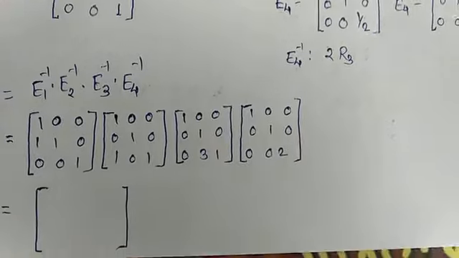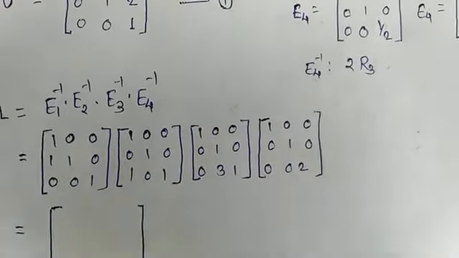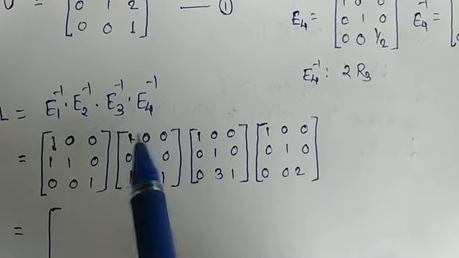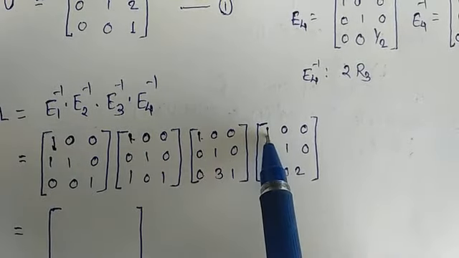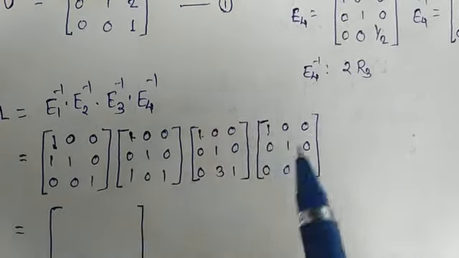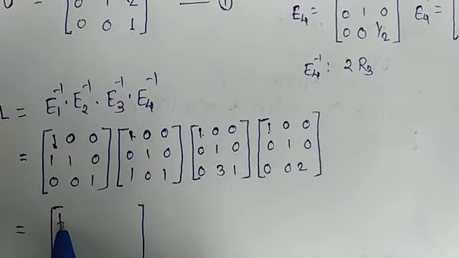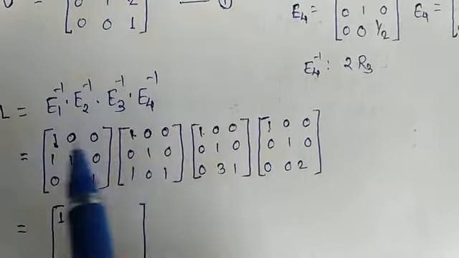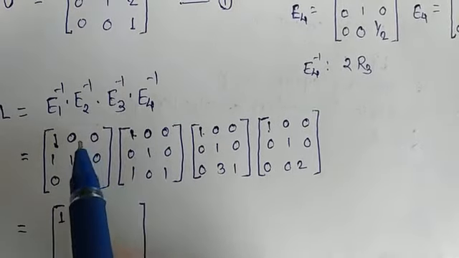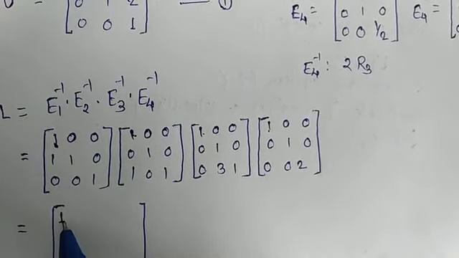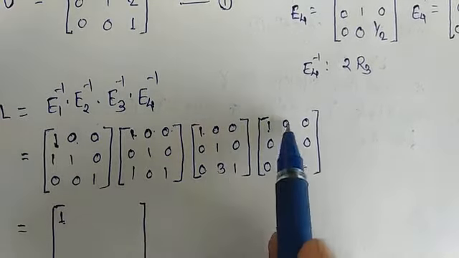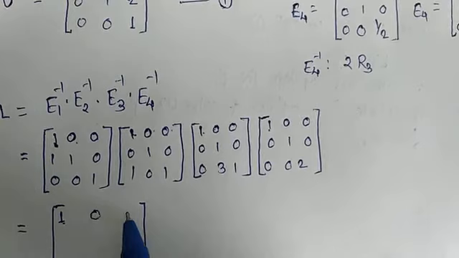Now you can use some tricks here, as the diagonal elements are 1, 1, 1, and 1. Other elements are 0, so you can write it as 1 into 1 into 1 into 1. If there is an element, so here it is 0, so you directly write it as 1 only. Now here all entries in second and third positions are 0, so it will be 0 0.